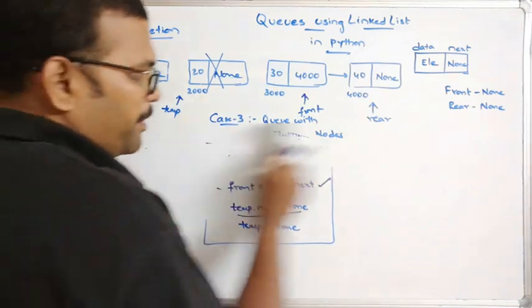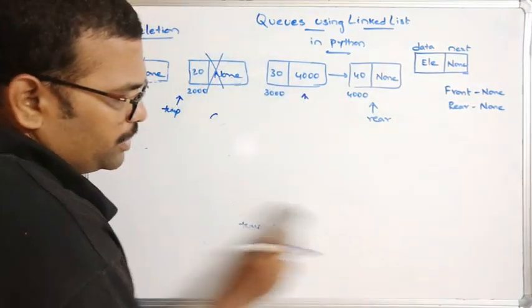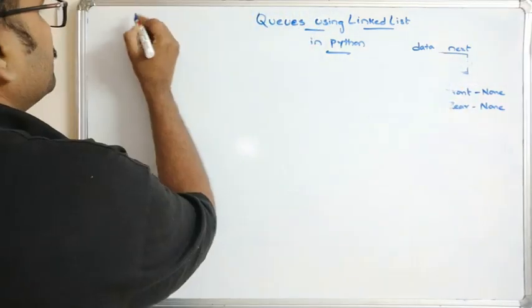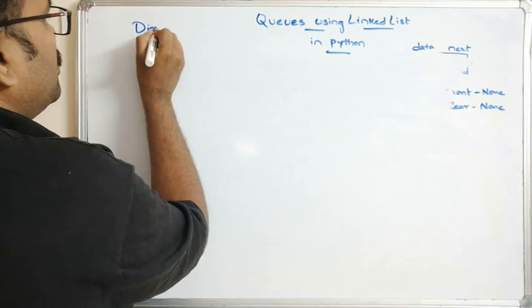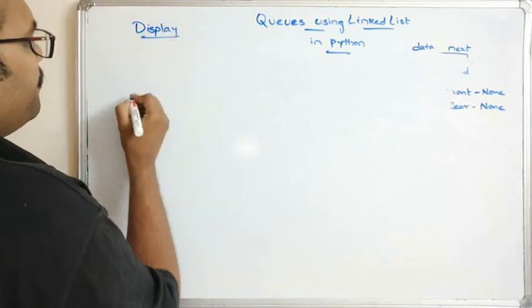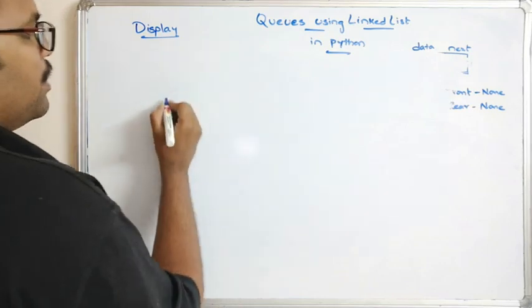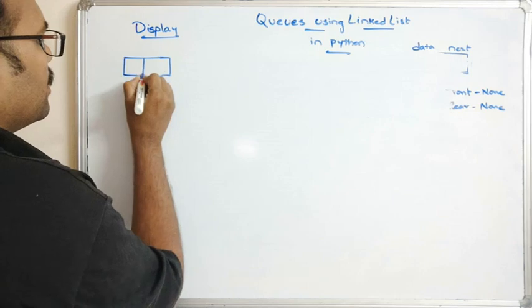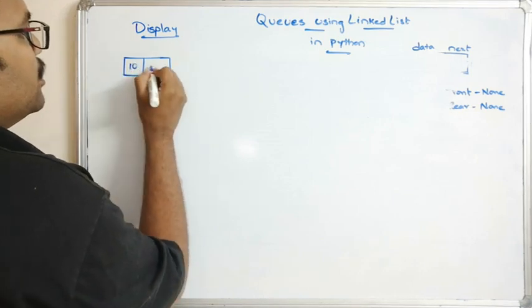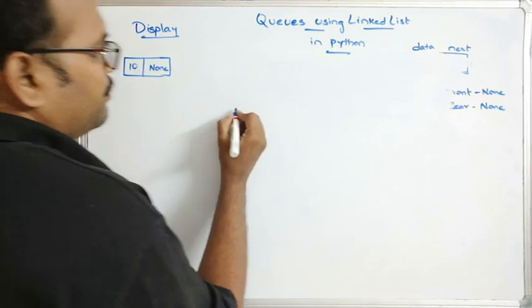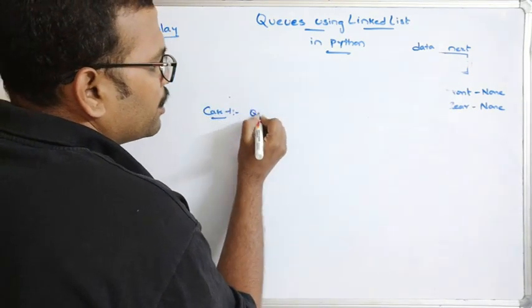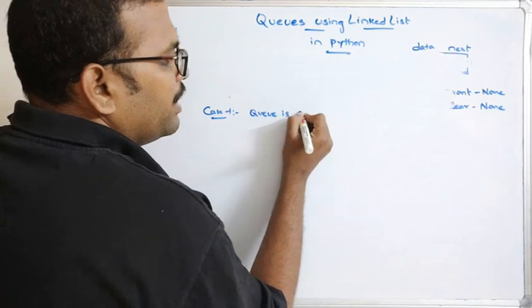Now, the last operation, that is the display function. How can we display the elements? Let us take case 1, queue is empty.